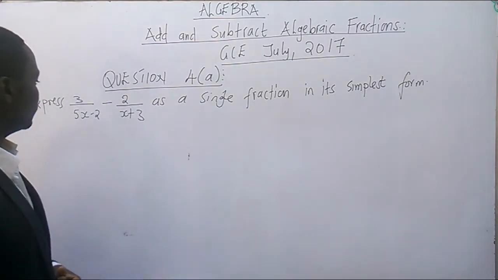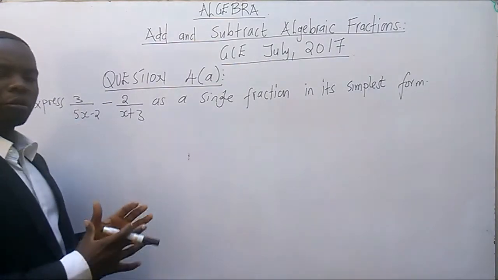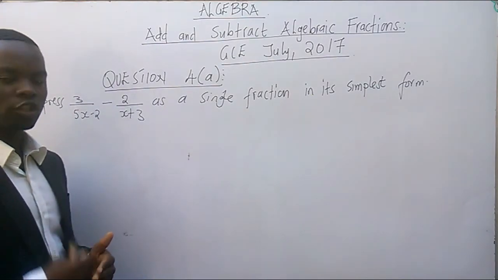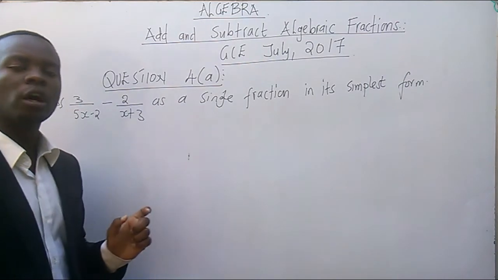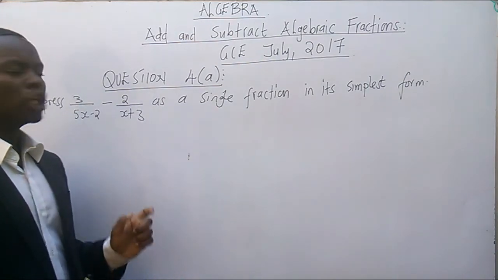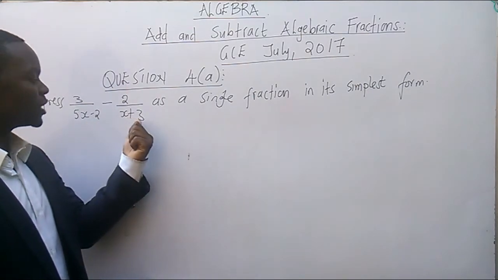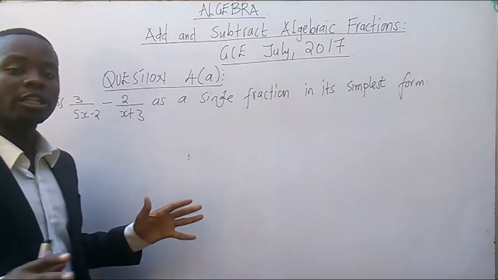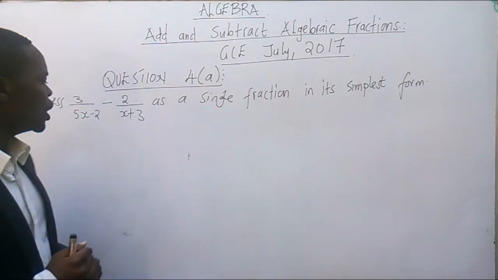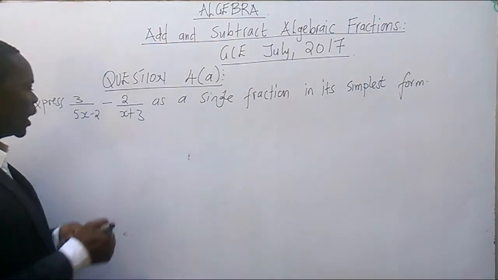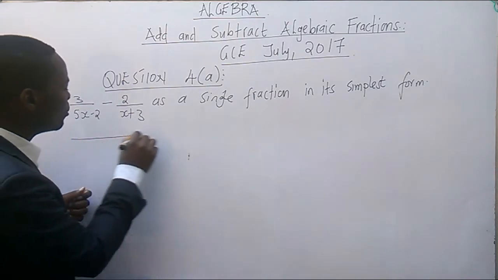Okay, so now the first simple thing which you must look for, as I alluded to in the previous video, is the lowest common multiple in which 5x minus 2 and x plus 3 will go without leaving any remainder. The simplest way to look for the lowest common multiple is just by getting the same denominators.